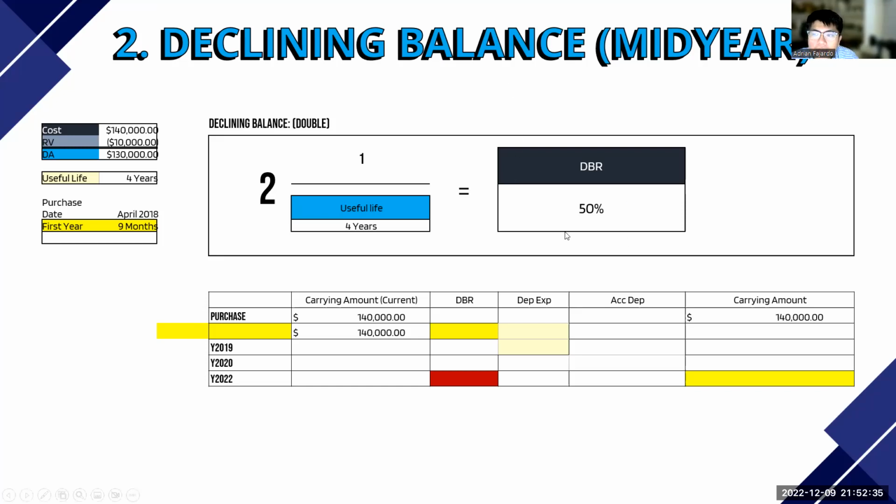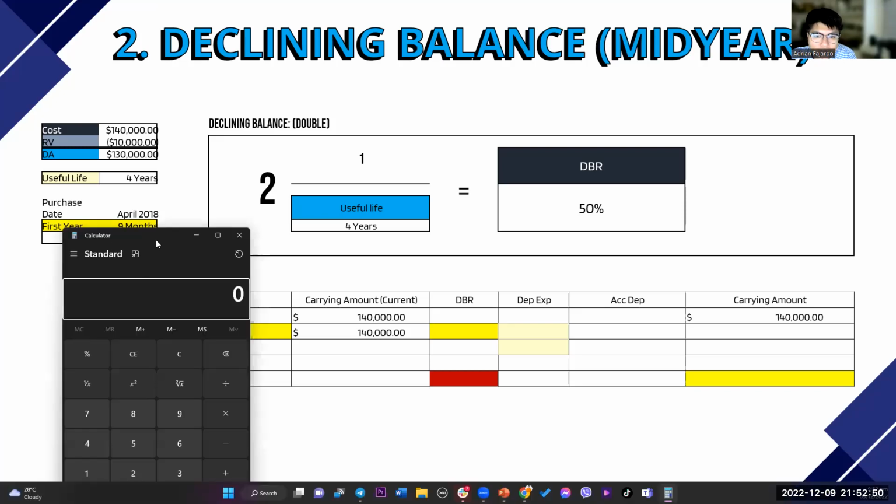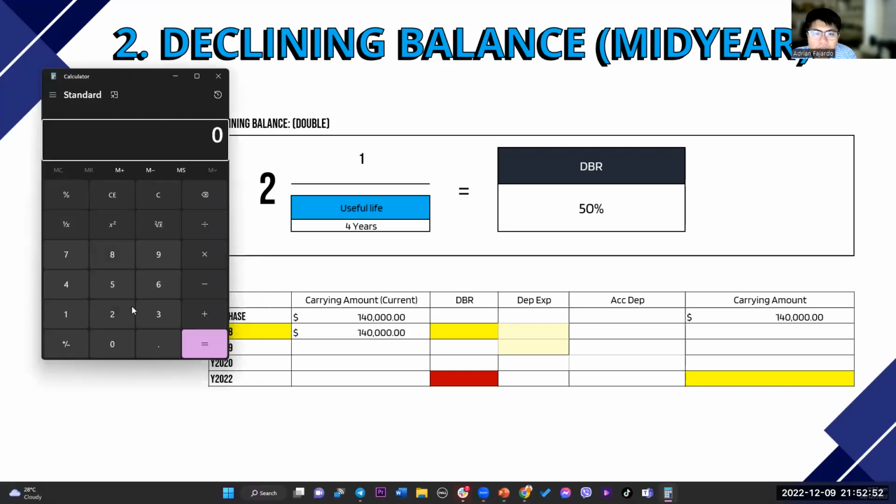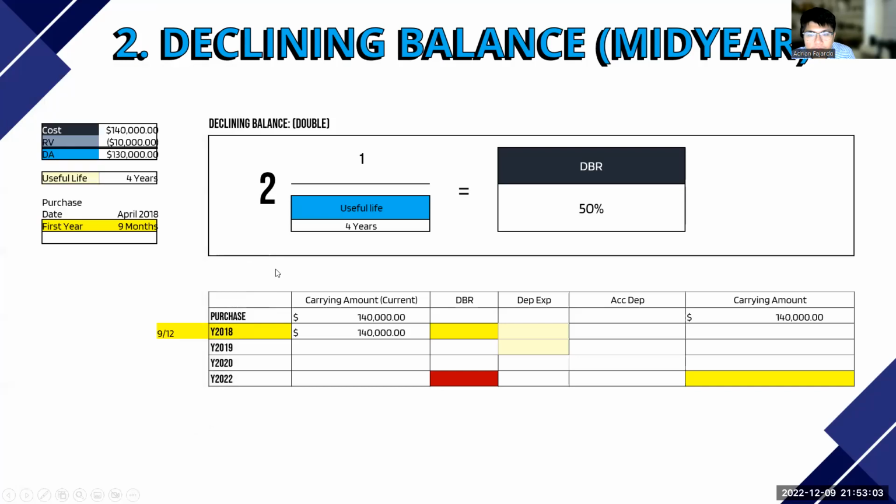So for the DBR, for this year, it's not 50%. It will have a special DBR of 9/12 times 50%. And therefore, for that particular year, 2018, 50% times 9/12, we're looking at a 37.5% DBR, or 38%, right?